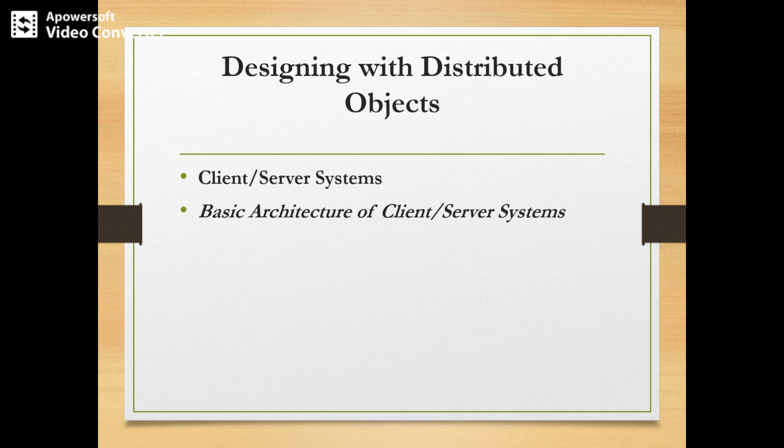The operation of client server is that a client machine sends a request to one or more servers, which process the request and return the result to the client. Here, n number of clients are requesting from one server or many servers.